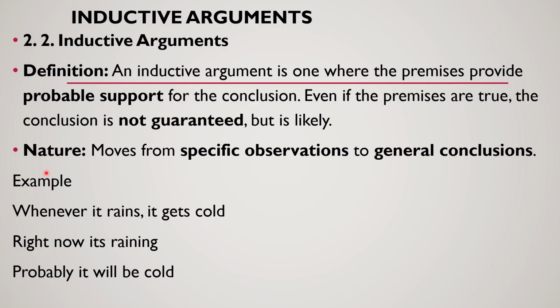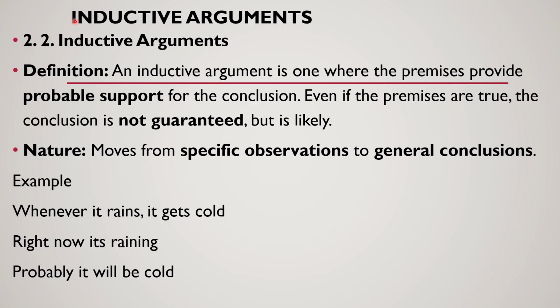For example, in an argument like this one, we can say, whenever it rains, it gets cold. Right now it is raining. Probably it will be cold in our conclusion. Here we have given our conclusion with probability because we are not certain whether it is a must that when it rains it gets cold, because sometimes it even rains when it is sunny.